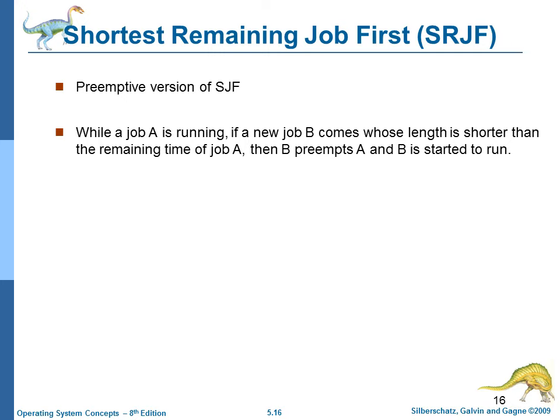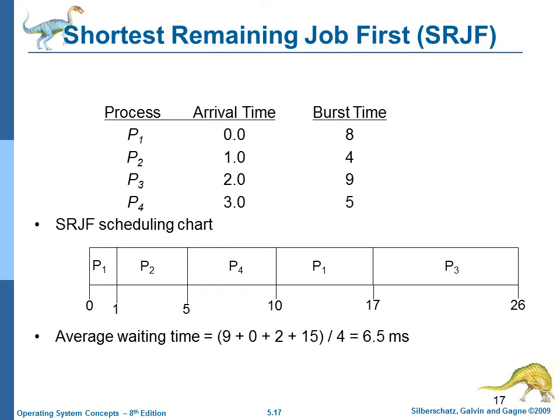For example, let's assume that we have 4 processes, and the arrival times differ. Process 1 arrives at time 0, process 2 arrives at time 1, process 3 arrives at time 2, process 4 arrives at time 3.